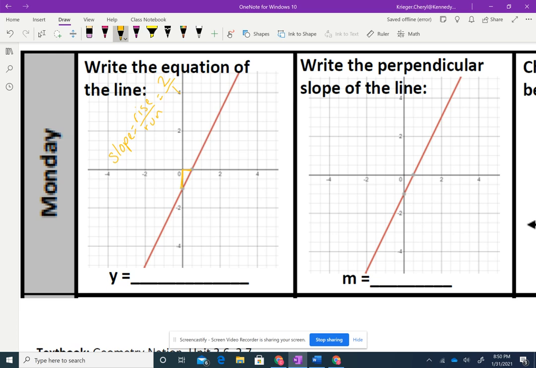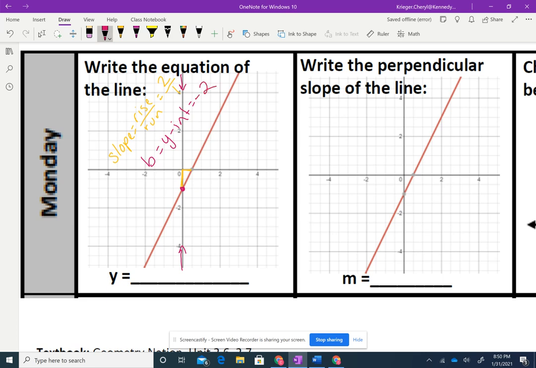And we've been practicing the y-intercept all week, right? That's the b, the y-intercept. So where does it cross the y-axis? This is my y-axis, right? And it crosses it here at -2.